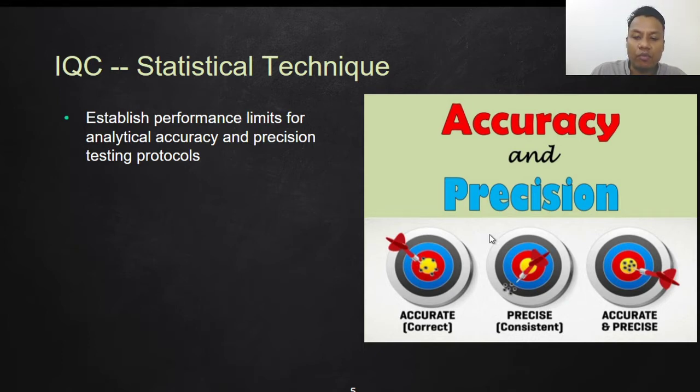As for precision, it is the ability of the protocol to reproduce the same result. I mean, if we perform it the first time, giving the result 10, the second time it needs to be able to give the same quality of result.